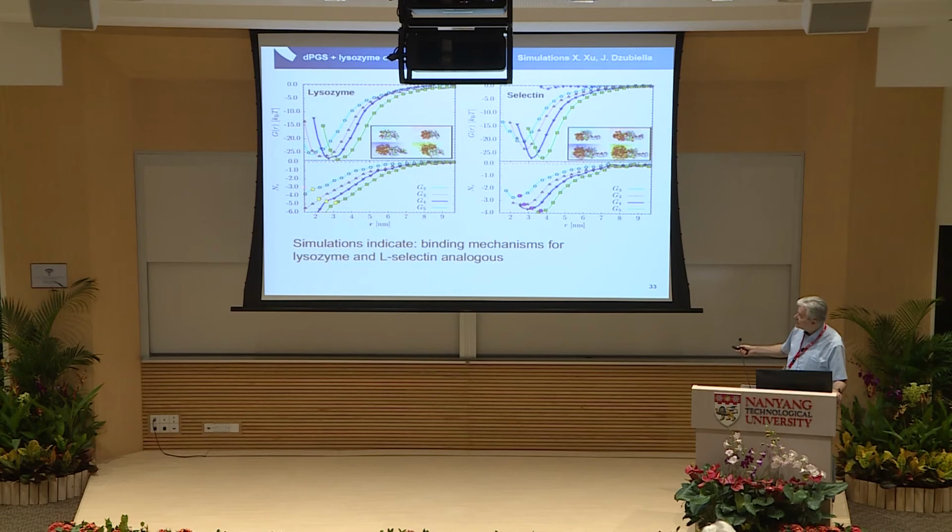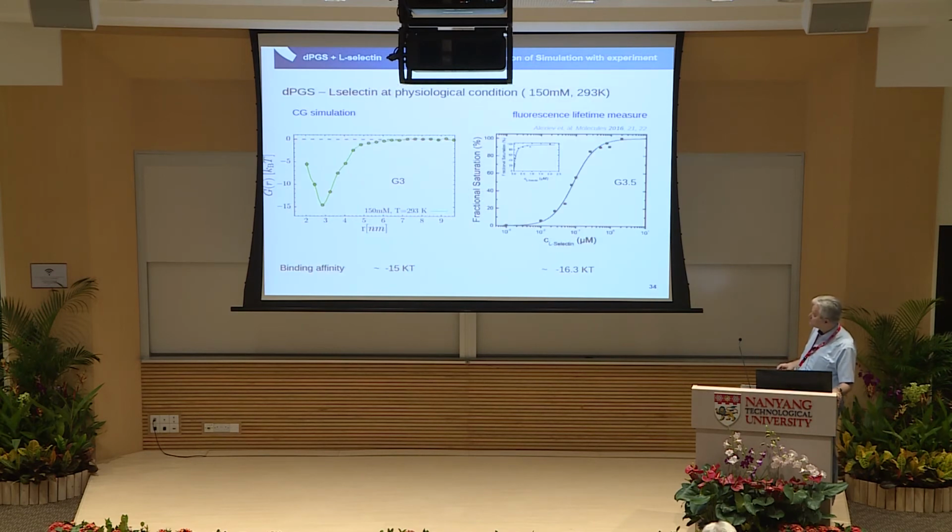You can calculate the number of released counterions from your computer experiment, which is very nice. And then you can put it into the van 't Hoff equation and convince yourself that counterion release is the main point. And then you do the same thing for the L-selectin, and you see it's a rather strong binding as expected from the earlier experiments from the Haag group.